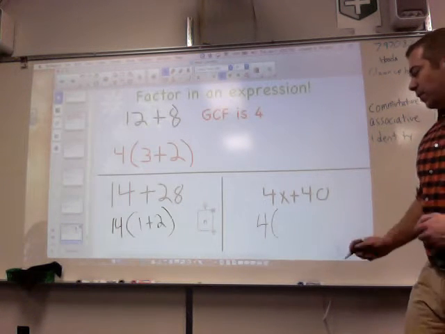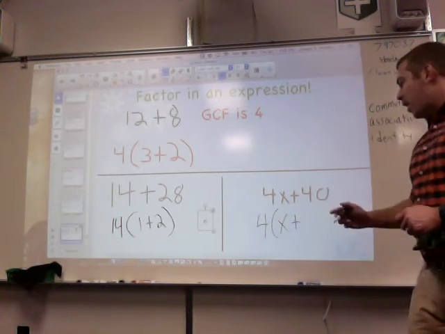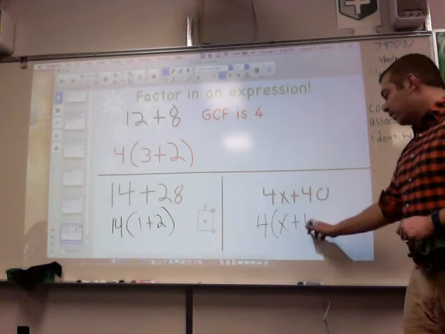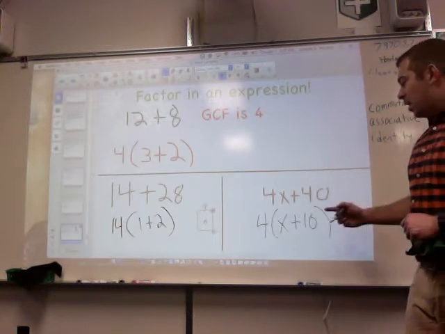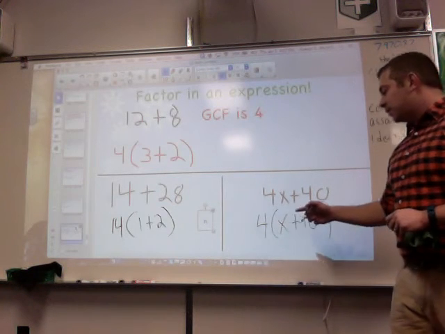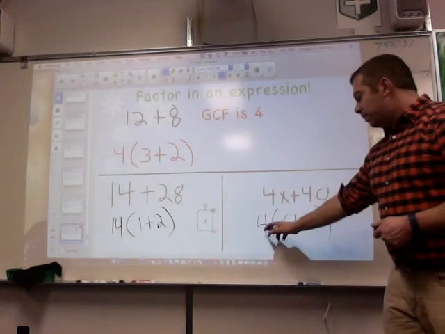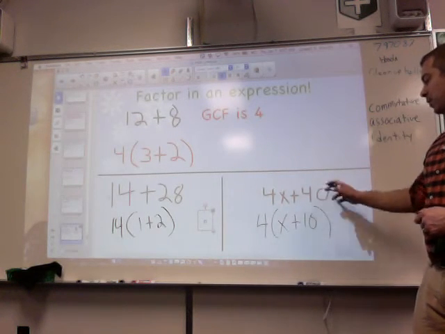Well, it was 4 times x. How can I make 40 by multiplying by 4? Well, 4 times 10 is 40. So when I factored this expression, I have 4, parentheses, x plus 10. Now if I distribute, it would be 4 times x, which equals 4x, and 4 times 10, which equals 40.